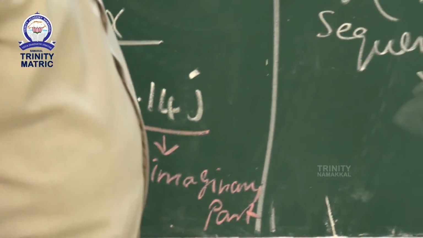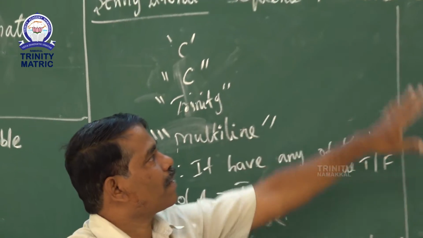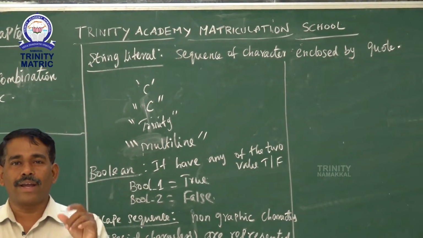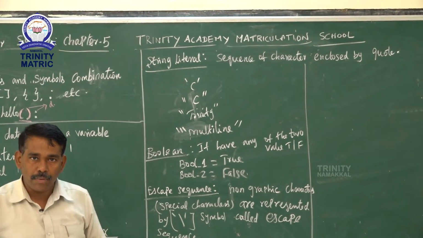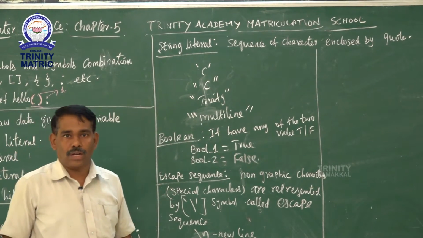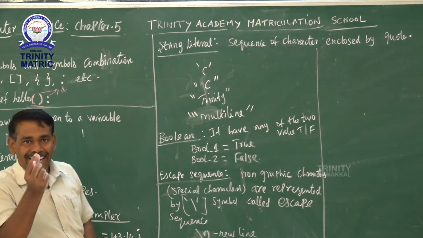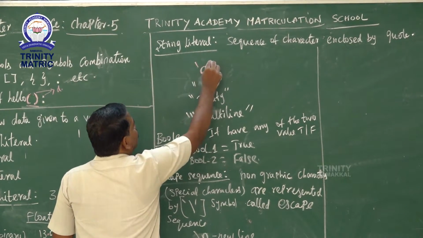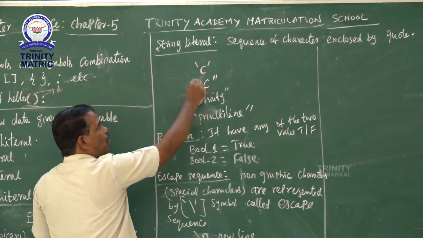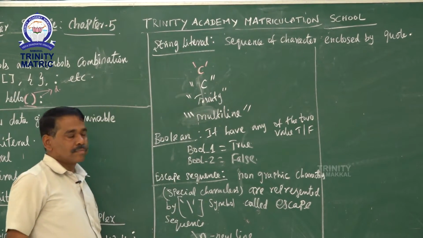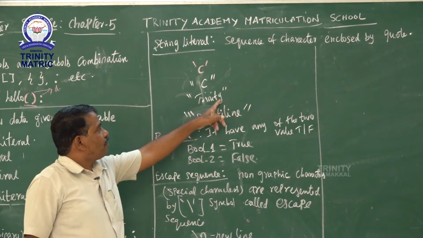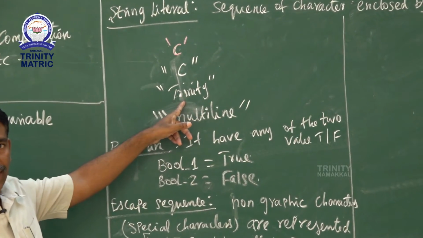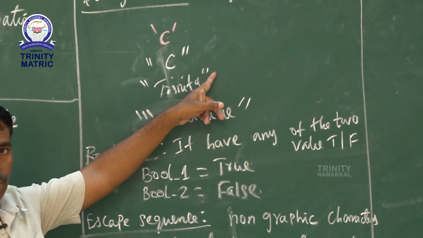Next, string literals. A string literal is a sequence of characters surrounded by a single quote, double quote or triple quote. A character constant is enclosed by either a single quote or double quote, and a sequence of more than one character is enclosed with double quotes.